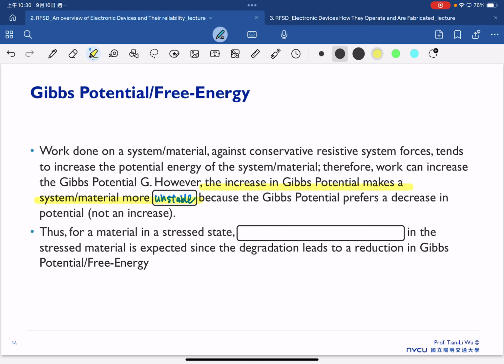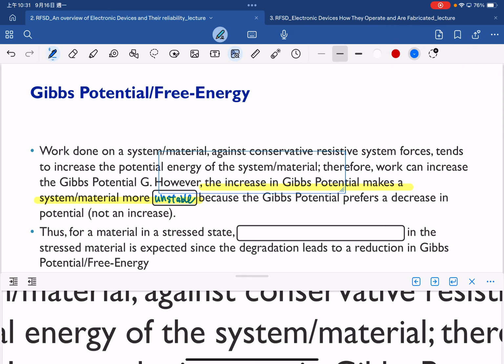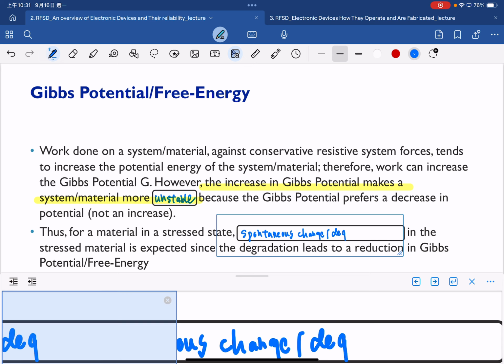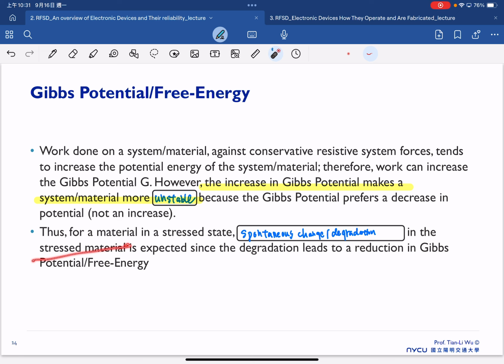Therefore, for a material in a stress state, spontaneous change and degradation in the stressed material is expected, since the degradation leads to a reduction in the Gibbs potential and free energy.